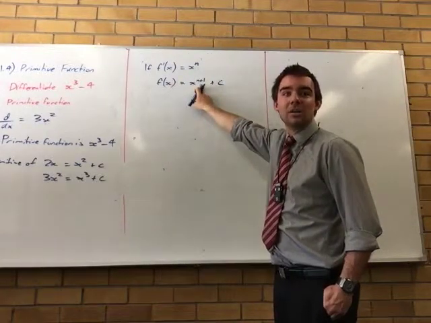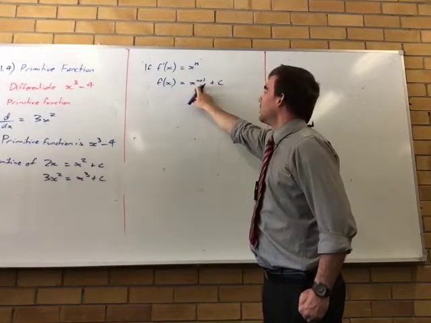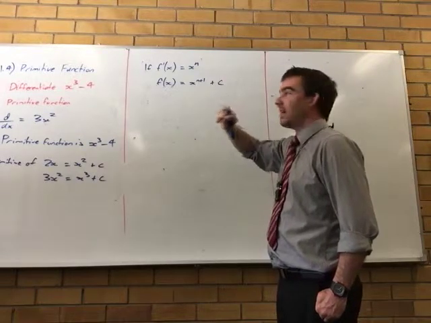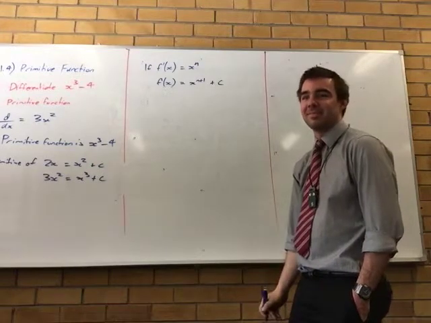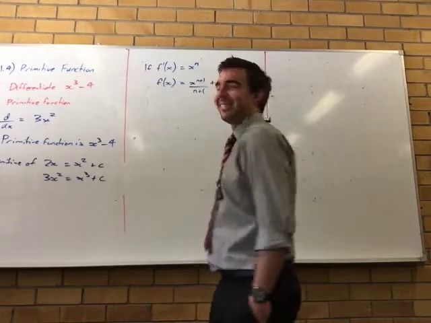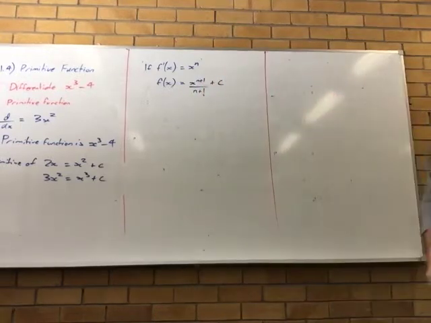What is the result? n plus 1, take away 1, divided by n plus 1, gives x to the power of n. So f of x is equal to x to the power of n plus 1 all over n plus 1. Don't forget Chris.